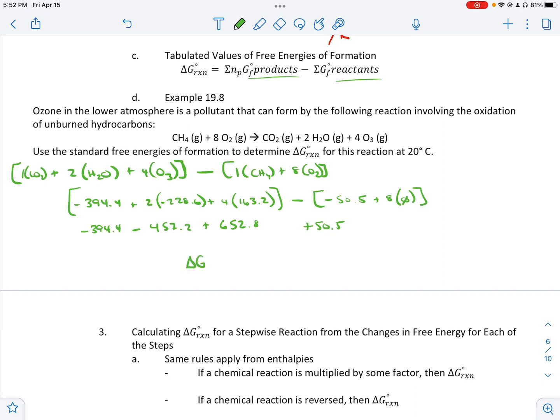This is going to be delta G naught of the reaction, and this should come out to be negative 148.3 kilojoules. My dot got lost there, but there we are. So this is also spontaneous, because it's negative.